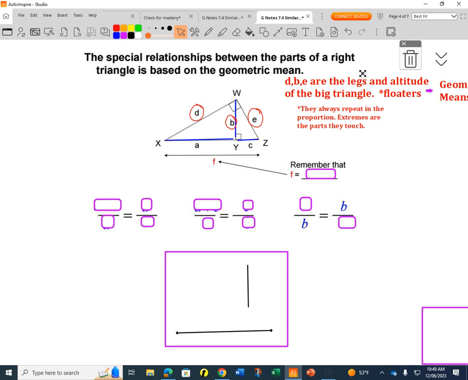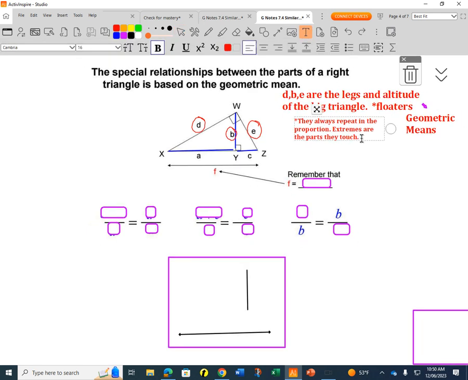D, B, and E are the geometric means. And we know, we just learned that the geometric means in a proportion are always equal.